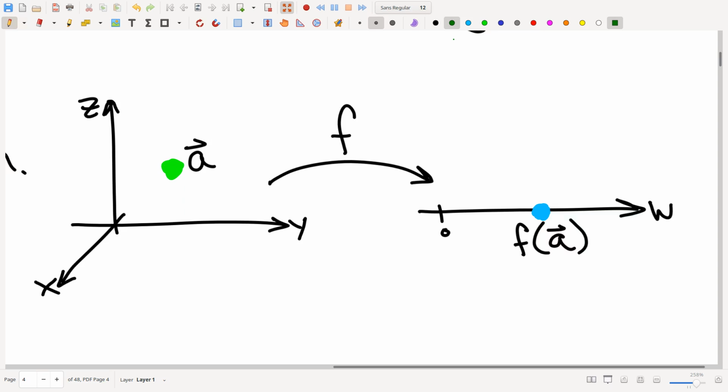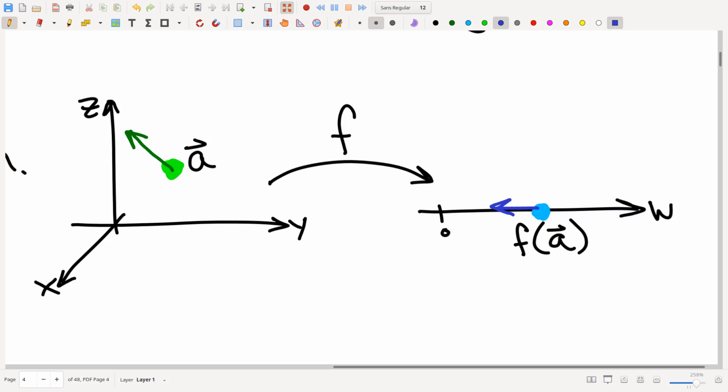A pretty reasonable way to draw this picture would be to say, well, I'm going to have some velocity in the domain, and I want to know what the corresponding velocity is in the target, right? So as I walk a certain direction, my temperature is going to be decreasing. My position is changing with time. That means the temperature is changing with time. So I want to know, what's the relationship between my input velocity and the rate of change of temperature as I walk? That's a very natural question.